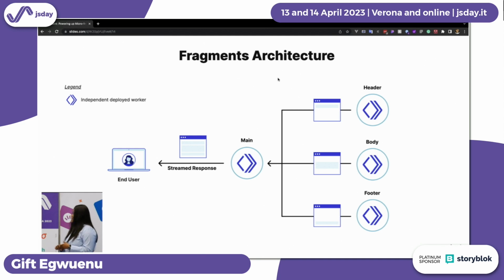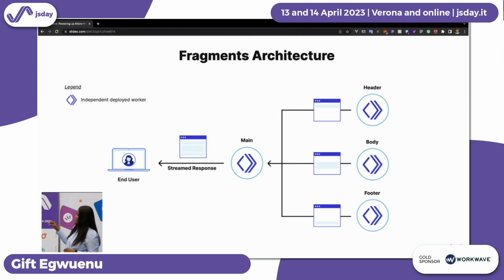So essentially, the whole demo that I showed you is possible because of something called fragment architecture. What we have there is a single page application, in this case the main application, and you have several different components of that application. Each of them is a single deployed worker. It's a JavaScript file, and behind the scenes we're using Qwik to build each of these workers.